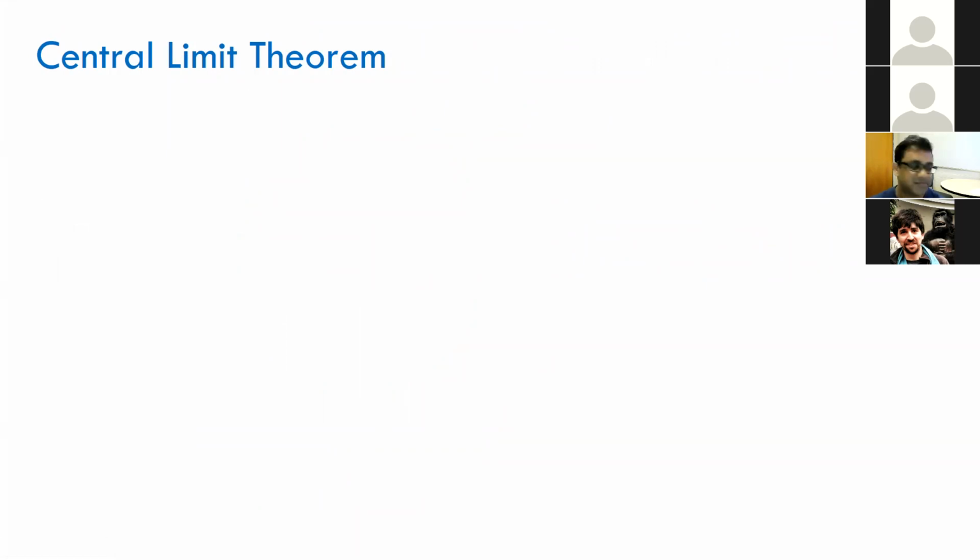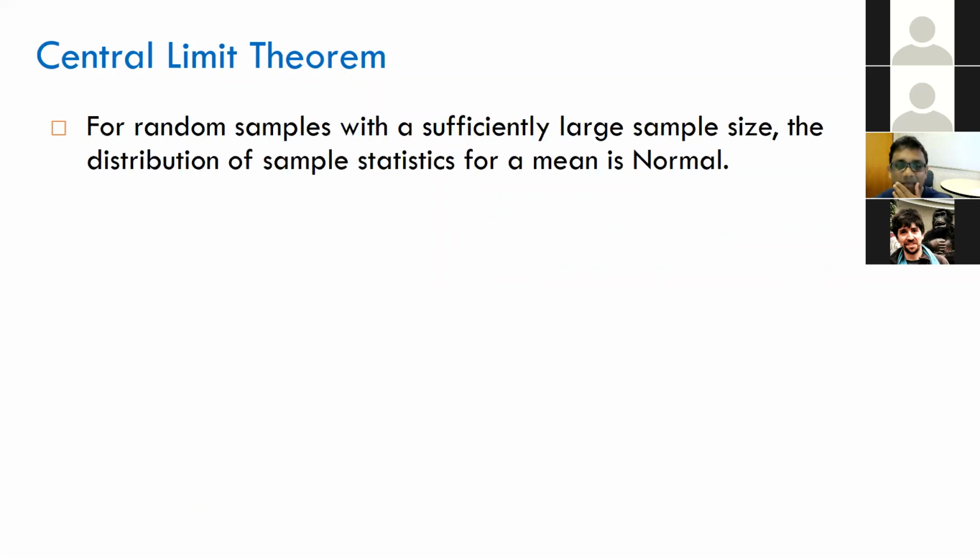All right. Another simple term is called the central limit theorem. There's no theory behind that. It's pretty simple, although it says central limit theorem. It is important because of the sample size.